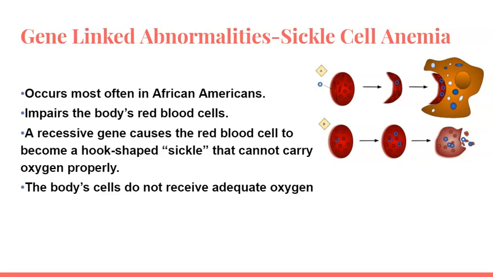It can result in kidney failure, and it can also result in swelling of joints. It can also cause anemia and early death. So you want to be sure to understand what sickle cell anemia is. Remember, it's just hook-shaped red blood cells that can't carry oxygen properly. And it's very common in African Americans.